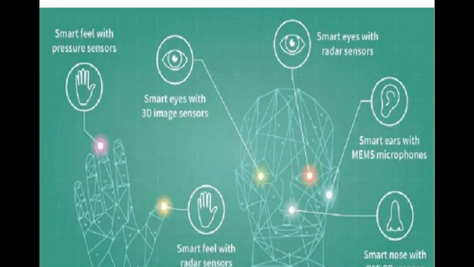Now, humans try to devise a sensor or a device that they bring as close as possible to their own senses, an appliance or a sensor that can collect information using these five senses.